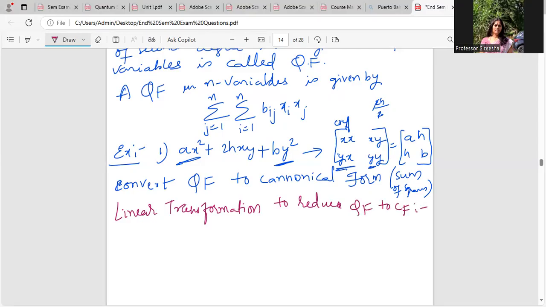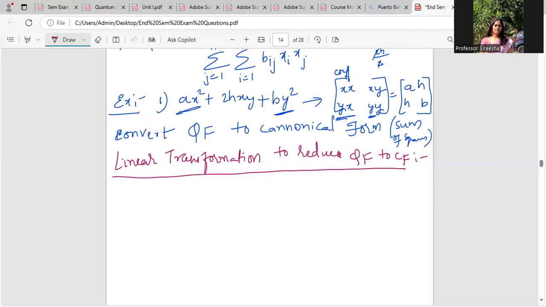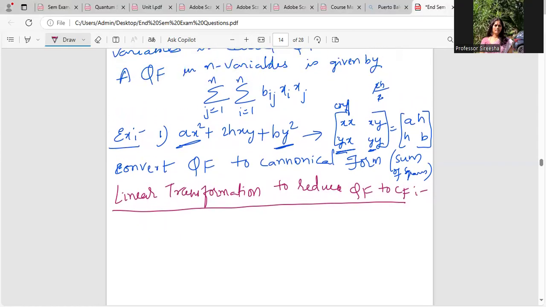What is linear transformation? I will just give an overview of it. Now, how will I write the quadratic form? There's another way of representing a quadratic form as well: X transpose AX. Suppose this is there, how will I write this equation?